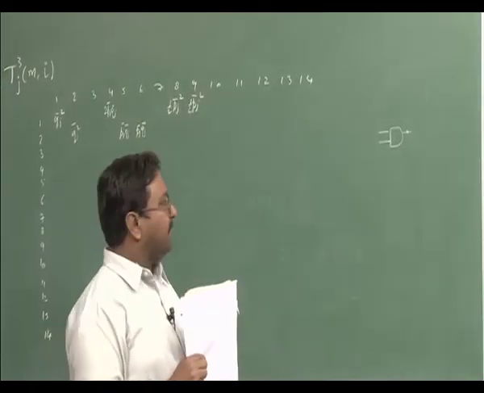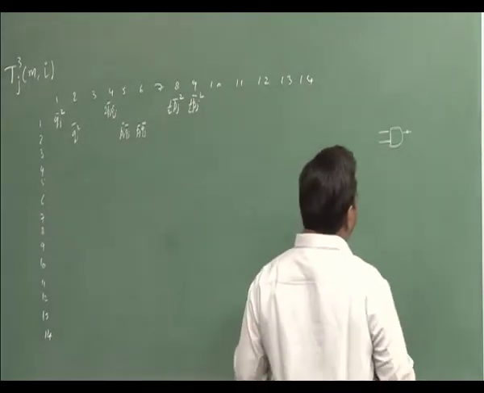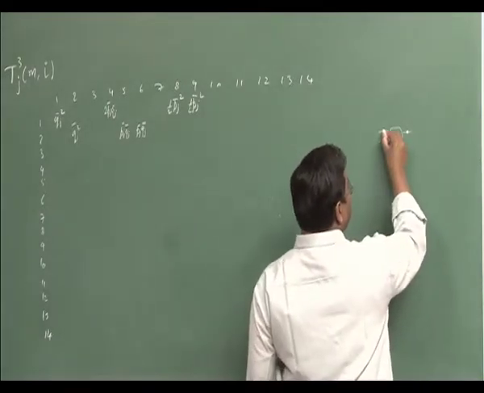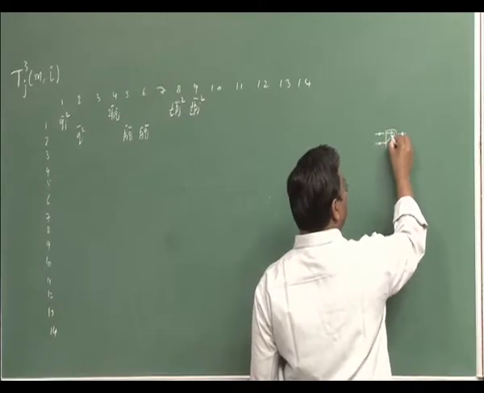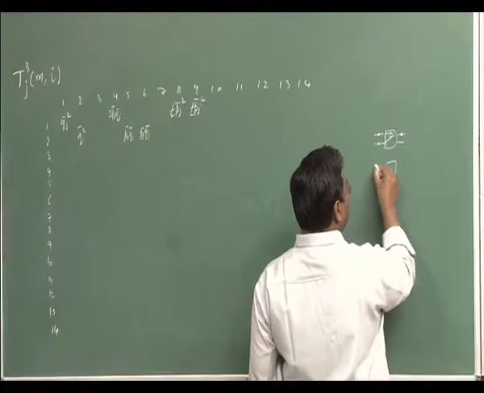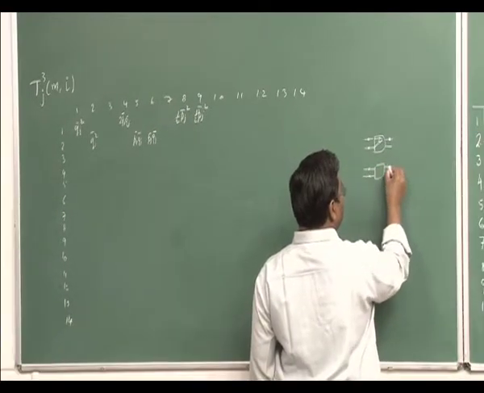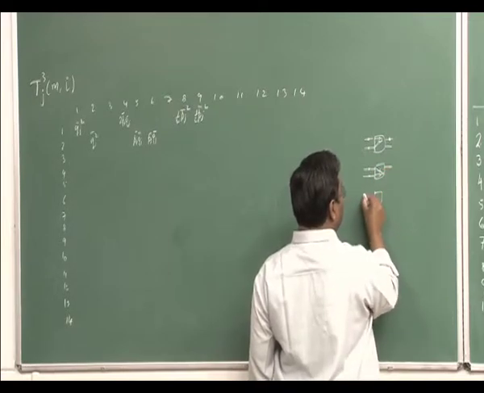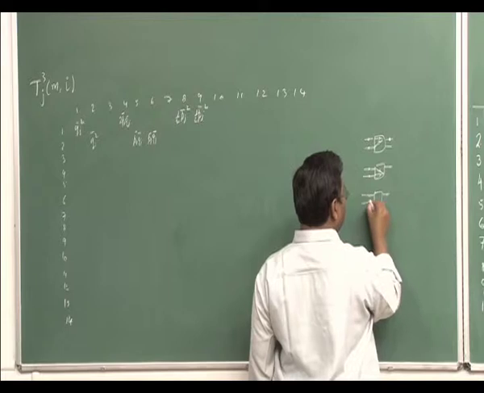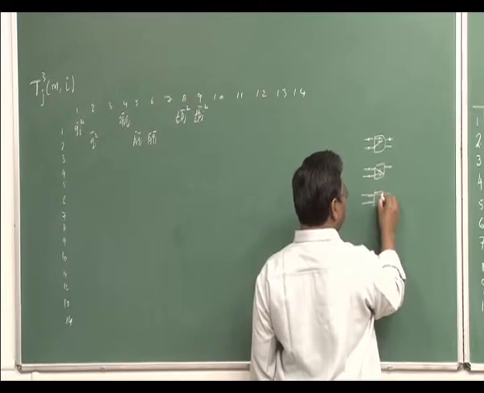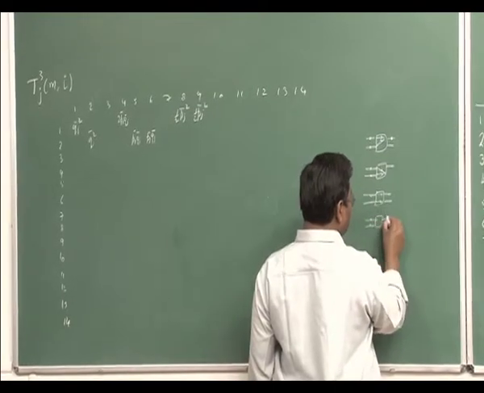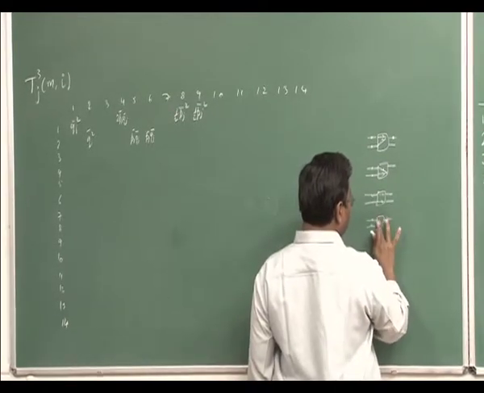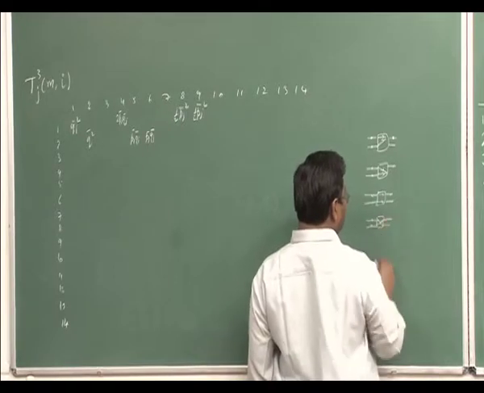3 states. Okay, both packets will arrive. So there is one packet here. So both packets will arrive. One possibility, they both are directed here. They both are directed here. One is directed here, one is directed here. Yeah, one is directed here and one is directed here.